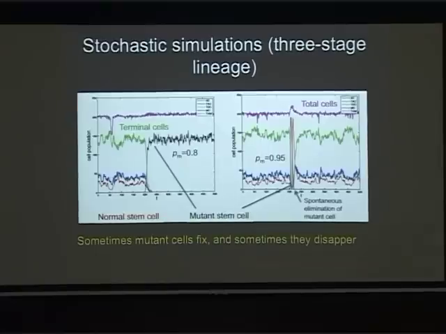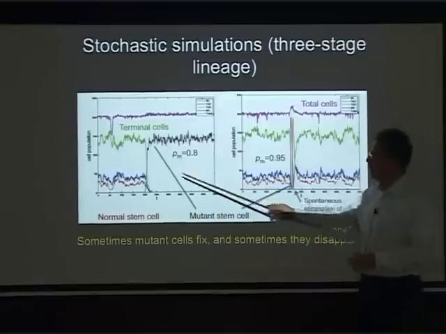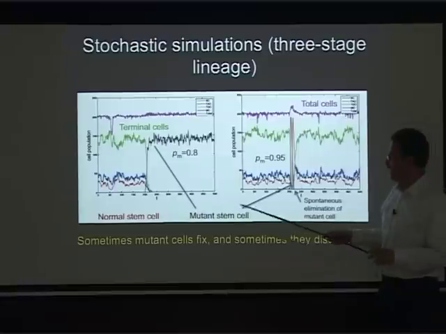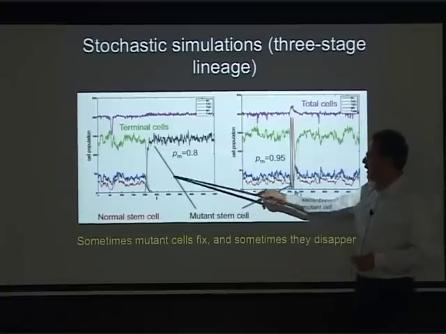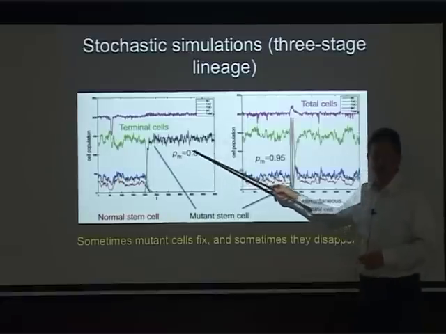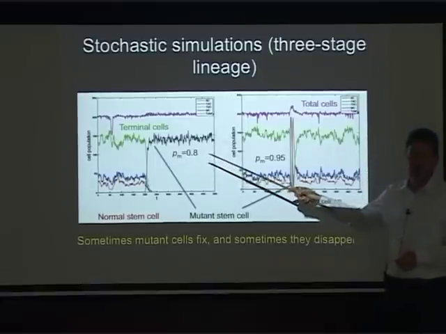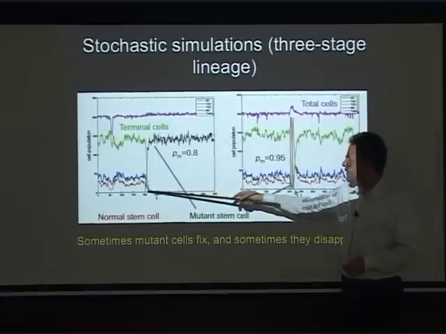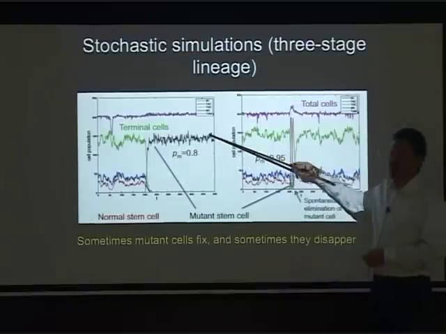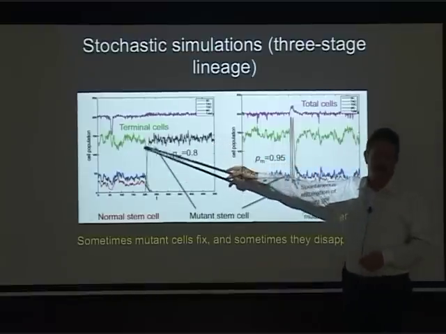And so you have to do stochastic simulations at this point because we're asking about what happens to individual rogue cells. And the interesting thing you see, so in this case, the mutation in the stochastic simulation, what it does is it makes the mutant cell have a p-value higher than 1/2. Okay? And what you'll see is sometimes those cells will indeed sweep through and take over all the other cells.